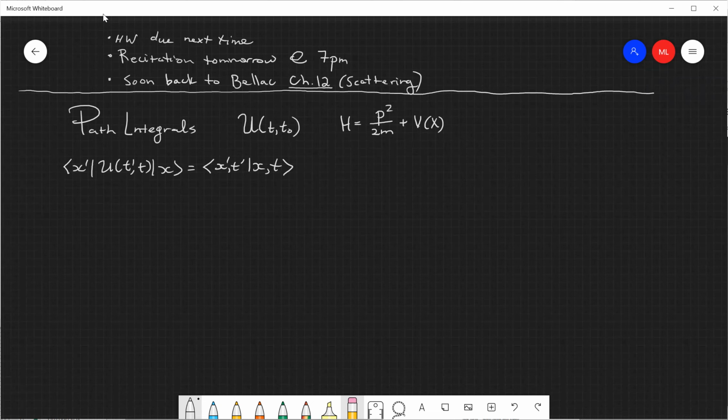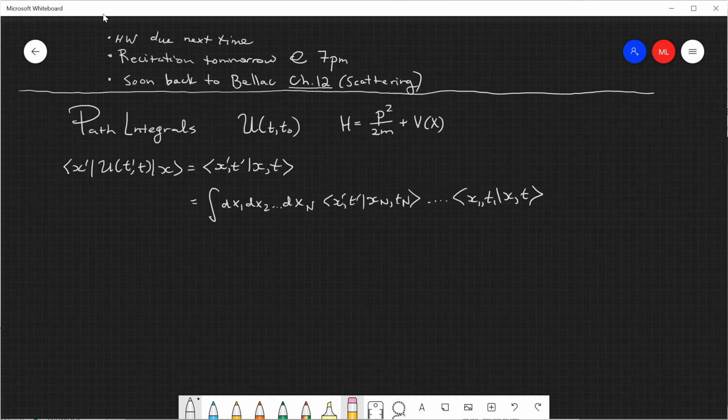And we derived a composition relation for this position space representation of this operator, namely that you can stick in a bunch of intermediate positions and times, and that doesn't change the value of the inner product. We can break it up into a bunch of short intervals like this, all the way out to x1, t1, xt.